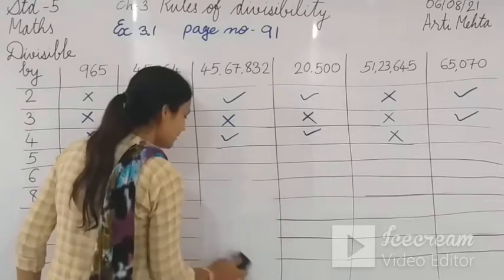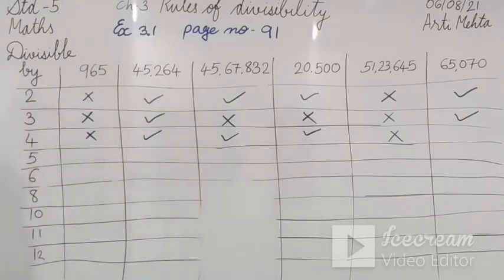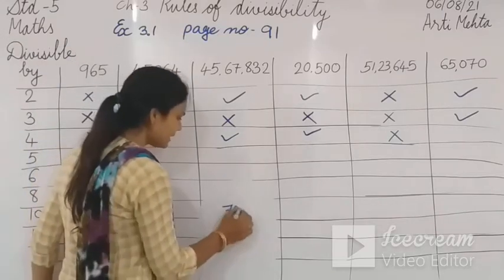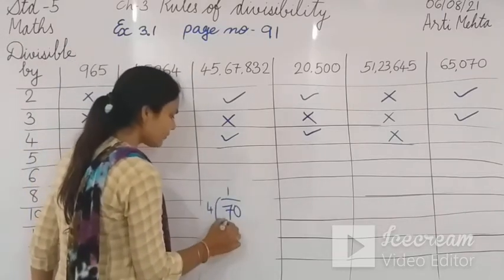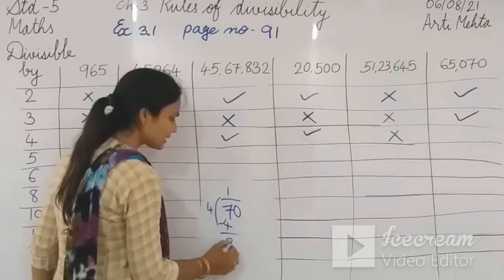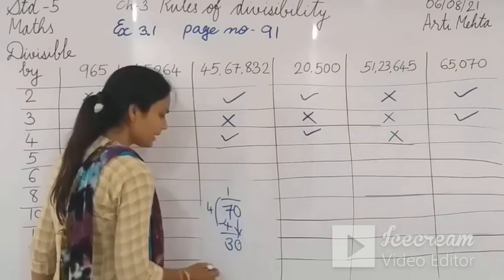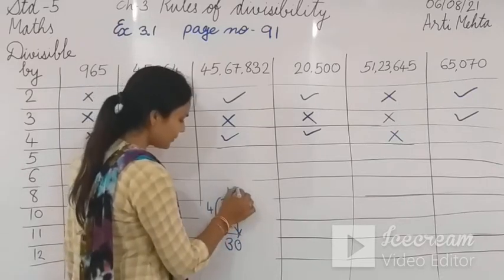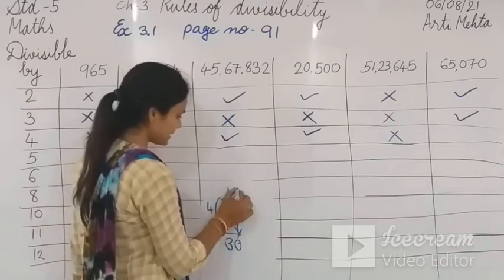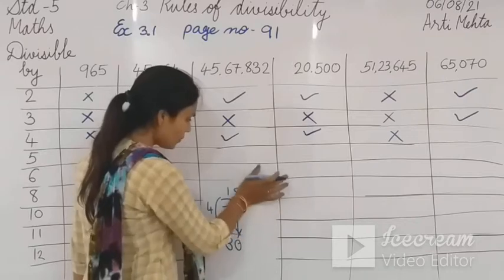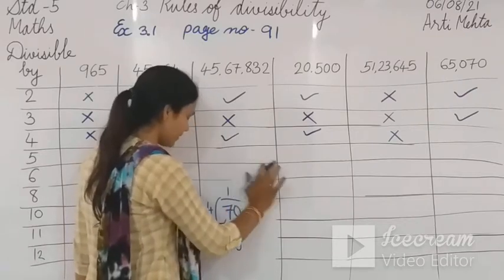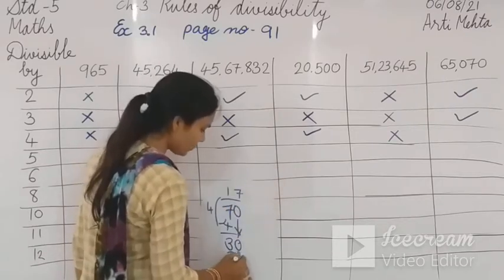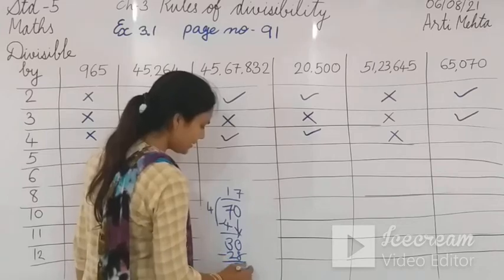Last two digits 70 is there. Okay, can we divide 70 by 4 or not? No, because see here, 4 1s are 4. 7 minus 4, 3. 0 bring it down. Now 4 7s are 28. 30 minus 28, 2.